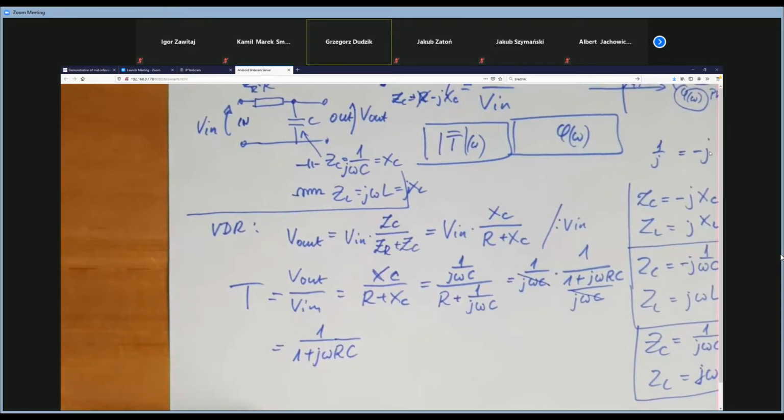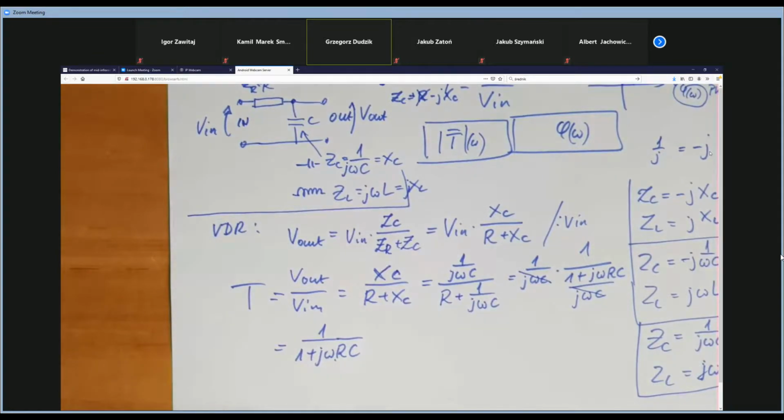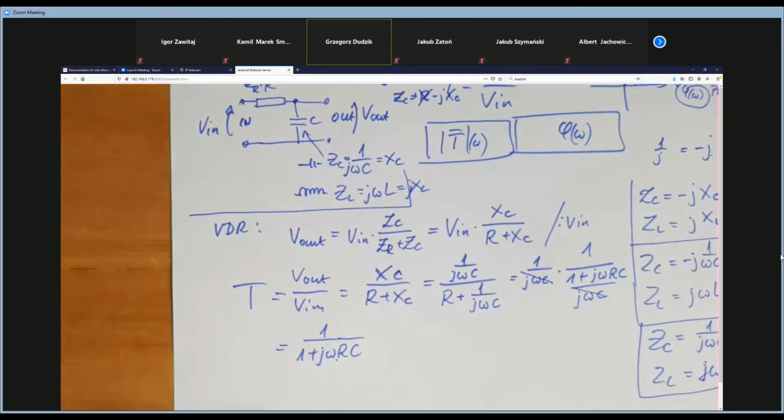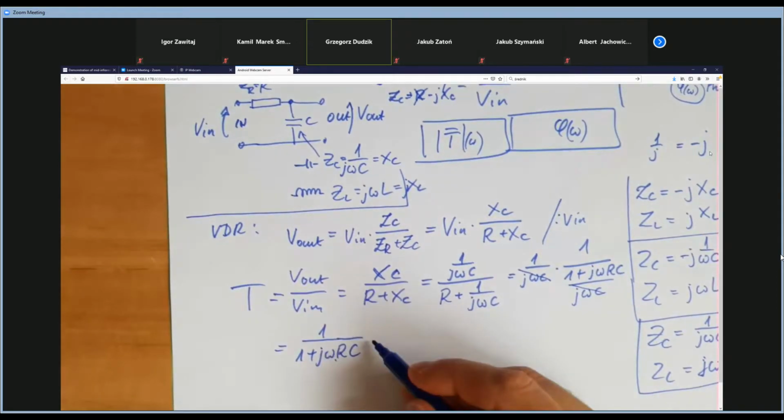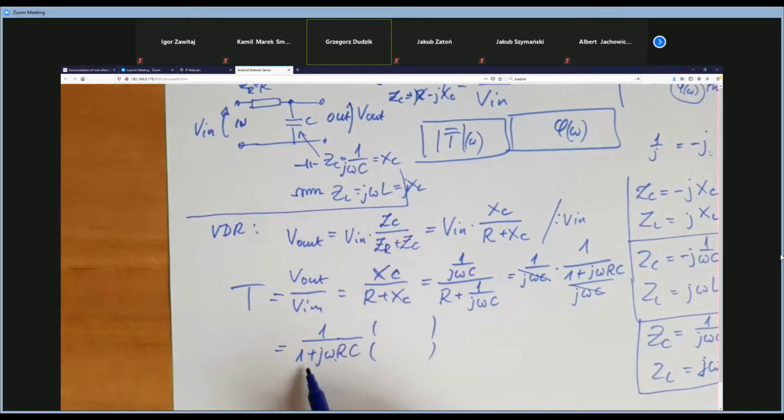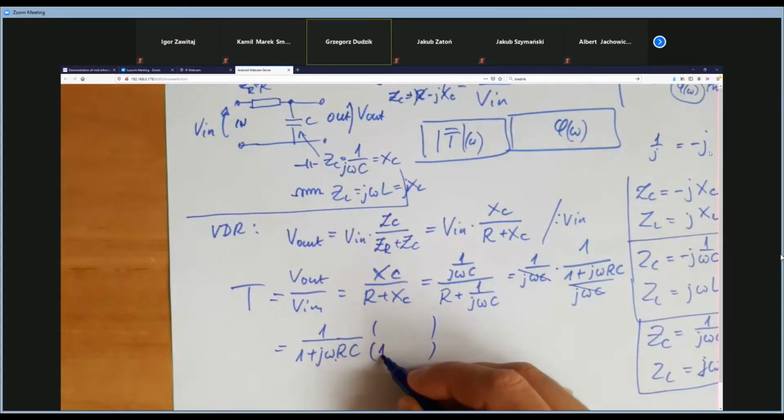However, this is the representation of the transmittance. But as you see, we've got a complex number in the denominator. So what we have to do is multiply the numerator and the denominator by the conjugate number, according to this one. So it will be 1 minus j omega RC over 1 minus j omega RC.